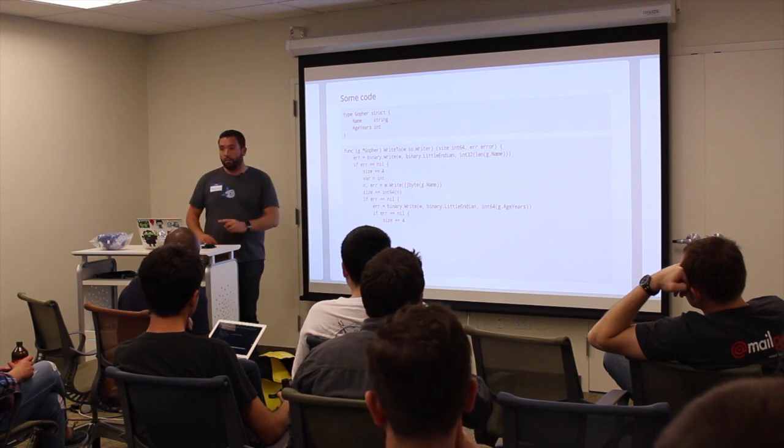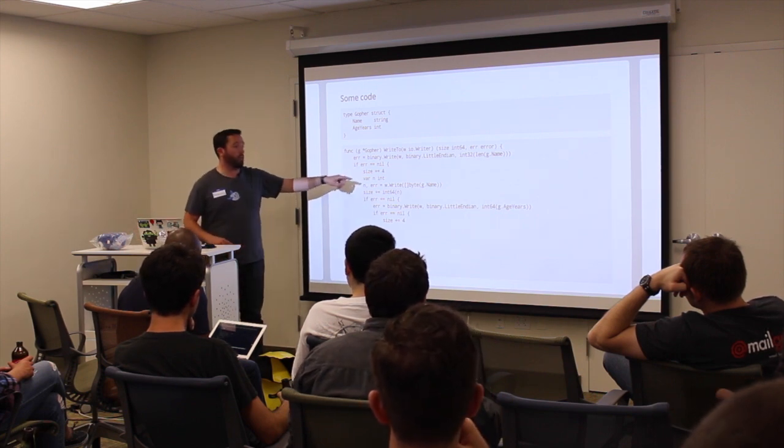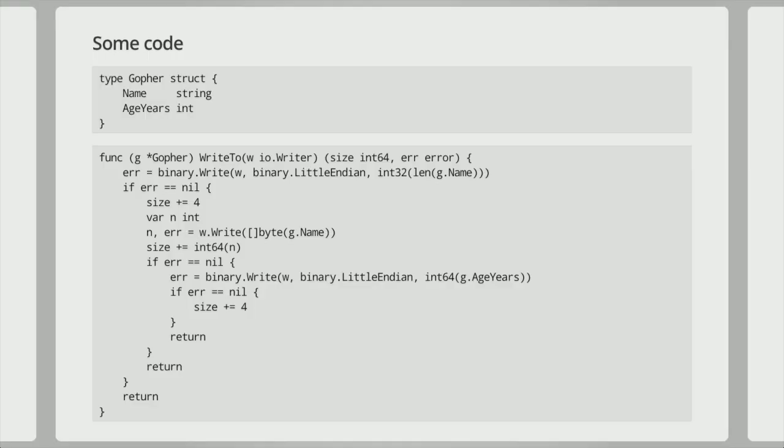If that error is nil, it means that everything went fine. I'm going to continue, and I'm going to say, OK, I wrote 4 bytes, because 32 bits is 4 bytes. Then I'm going to try to write the actual string as a slice of bytes, writing those bytes into the writer. Again, this could fail. I'm going to add the number of bytes, because even if it fails, it might have failed after writing some bytes.